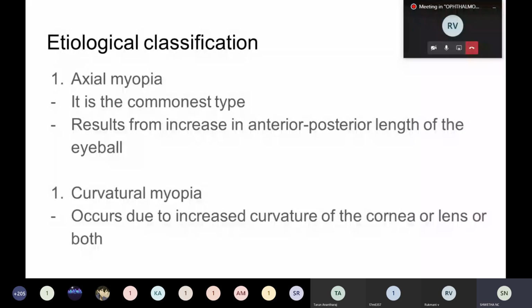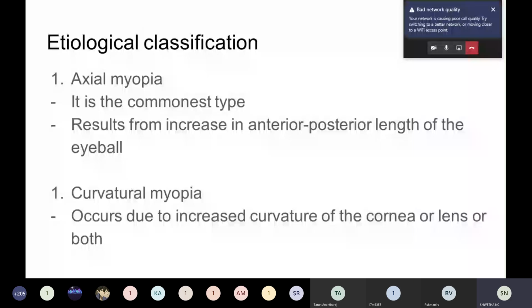Next is curvatural myopia. From the name itself, it is due to the curvature. The curvature may be increased in the cornea or the lens, or sometimes both. For example, in keratoconus, I have already taken that chapter, there is an increase in the curvature of the cornea. Sometimes if there is an increase in the curvature of the lens, we call it lenticonus.